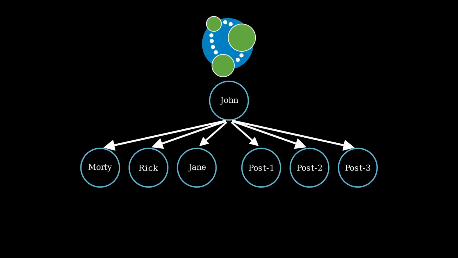temporary data storage system. Graph databases such as Neo4j store data in nodes and relationships, perfect for the datasets where the relationships are as crucial as the data itself. For example, over here, John is following a few people and he has liked a few posts. Now Jane, who is followed by John, might follow Tom, and Tom is following Jane, Morty, and Rick.